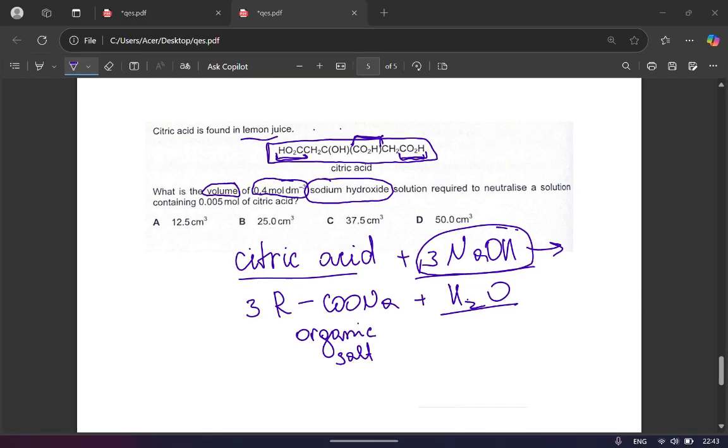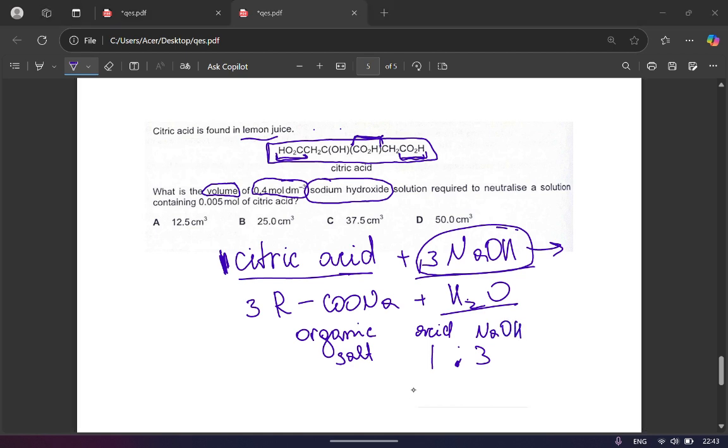What we have to do is, by looking at the simplified equation that we have written, find moles of sodium hydroxide by the molar ratio given in the equation. We have a molar ratio of 1 to 3, since 1 mole of acid, here you see, reacts with 3 moles of sodium hydroxide.